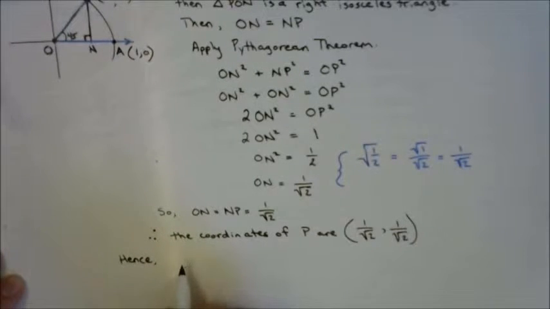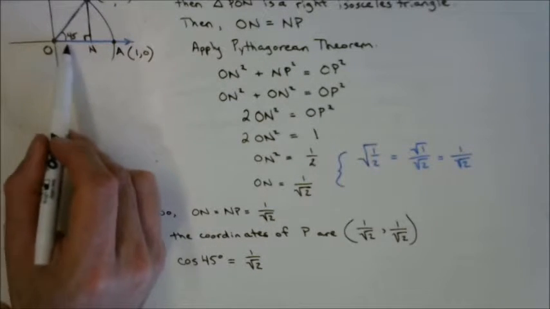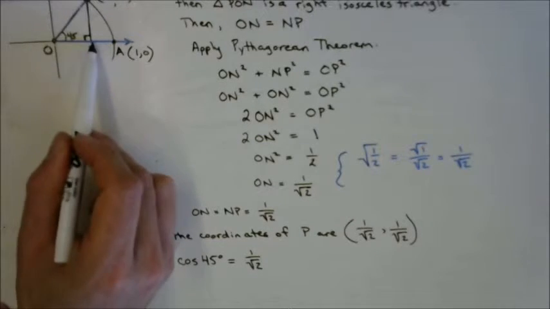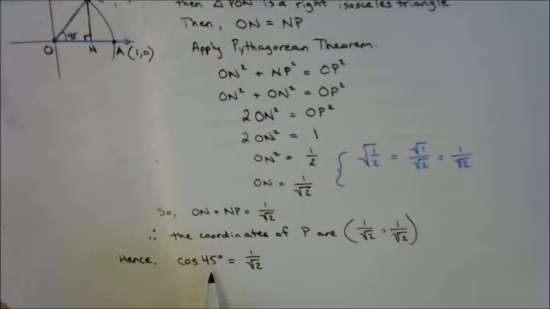Hence, the cosine of 45 degrees equals 1 over the square root of 2, because the cosine of theta represents the distance traveled along the x-axis. The change in x is represented by cosine of the given angle.